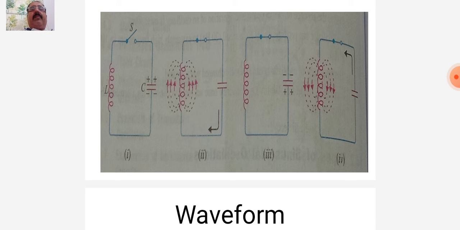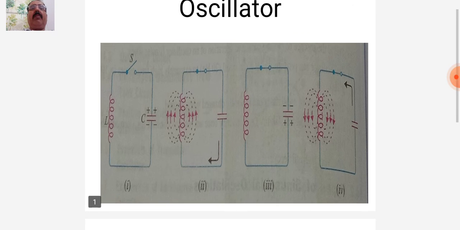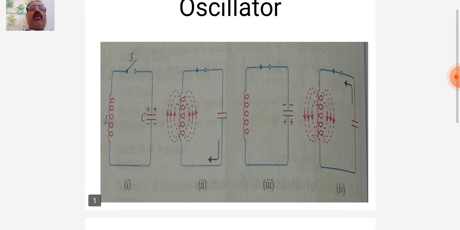In the switch position of figure 1, the upper plate of the capacitor has a deficit of electrons and the lower plate an excess of electrons. Therefore, there is a voltage across the capacitor and the capacitor has electrostatic energy.